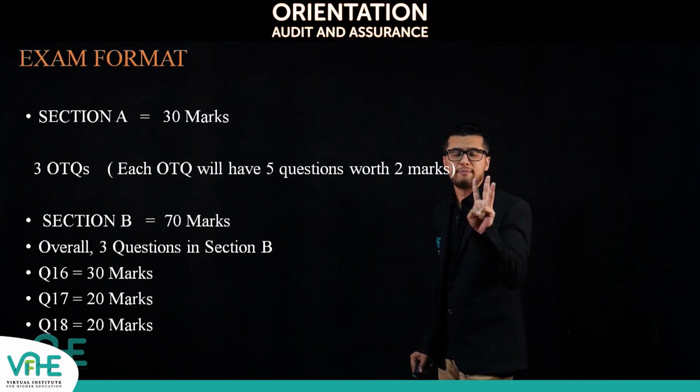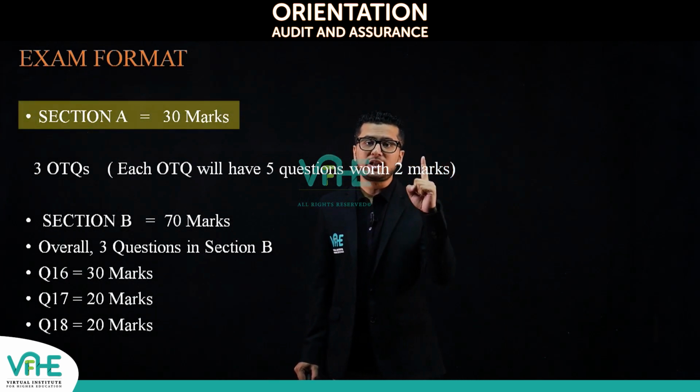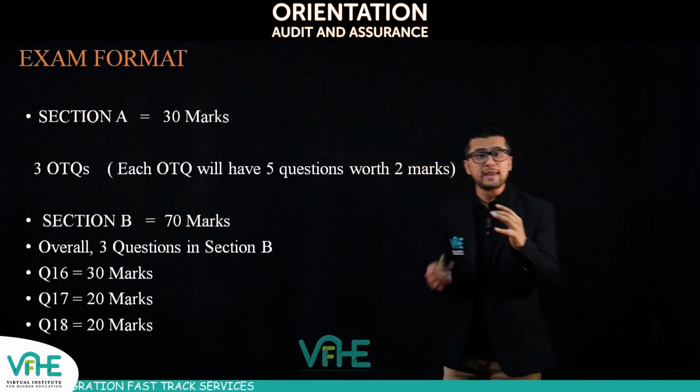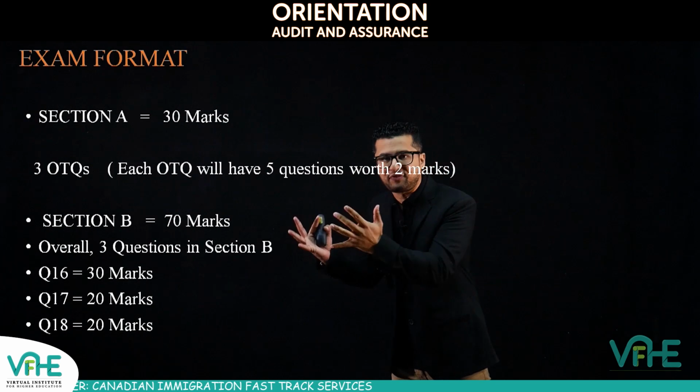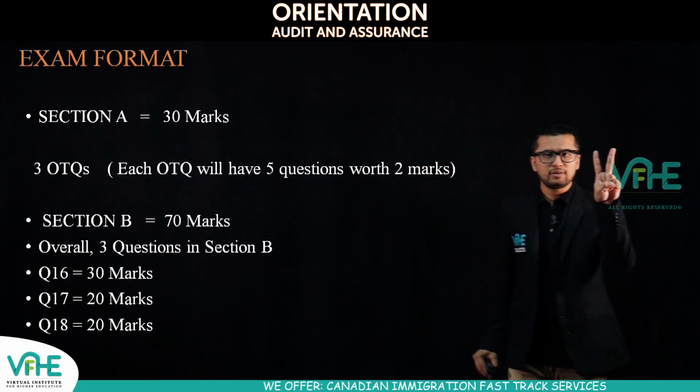But for the AA paper, we have only 2 sections. By the way, having 2 sections rather than 3 makes this paper a lot more difficult. I will explain that.